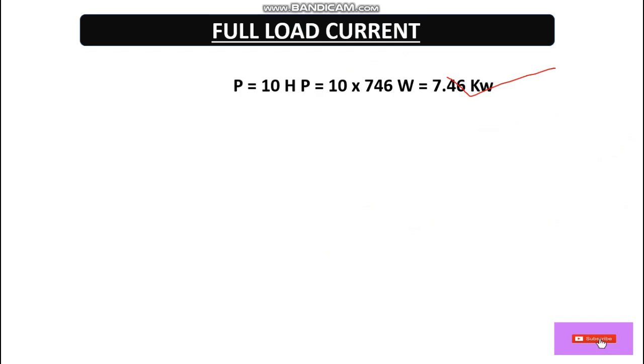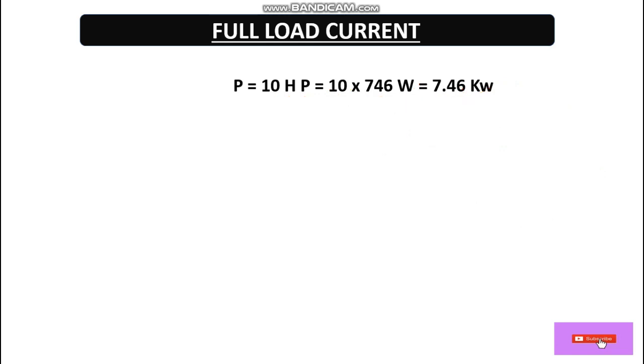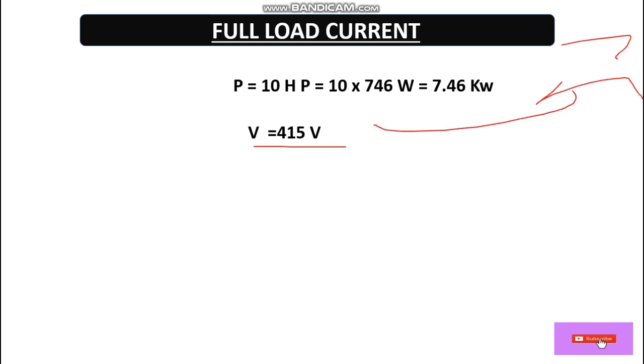To convert HP into kilowatt, 1 HP is equal to 746 watt. Multiplying, it becomes 7.46 kilowatt. Here the voltage, as this is a 3-phase motor, is 415.